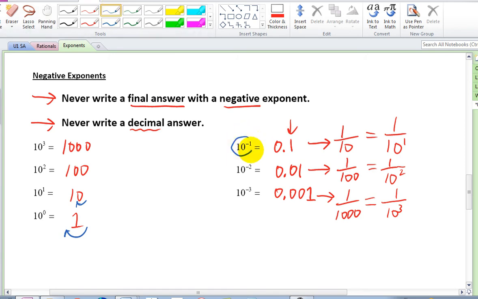We take our negative exponent, and how do we make it positive? By writing it in the bottom of a fraction. That's some pretty cool stuff. You guys never seen that before. How do we make this negative 3 positive? By writing it in the bottom of a fraction.